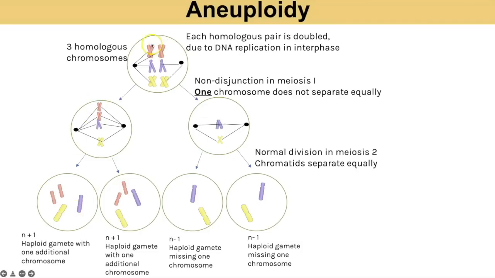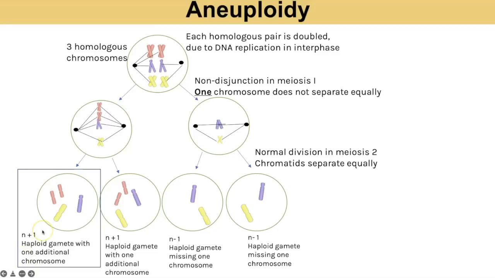However, because of the non-disjunction in meiosis 1, this gamete is haploid with 1 copy of all the chromosomes except for the red, which it has extra of. So we describe that as haploid plus 1 extra chromosome, N plus 1. These 2 are still haploid, but they're missing a chromosome, so we describe them as N for haploid minus 1.